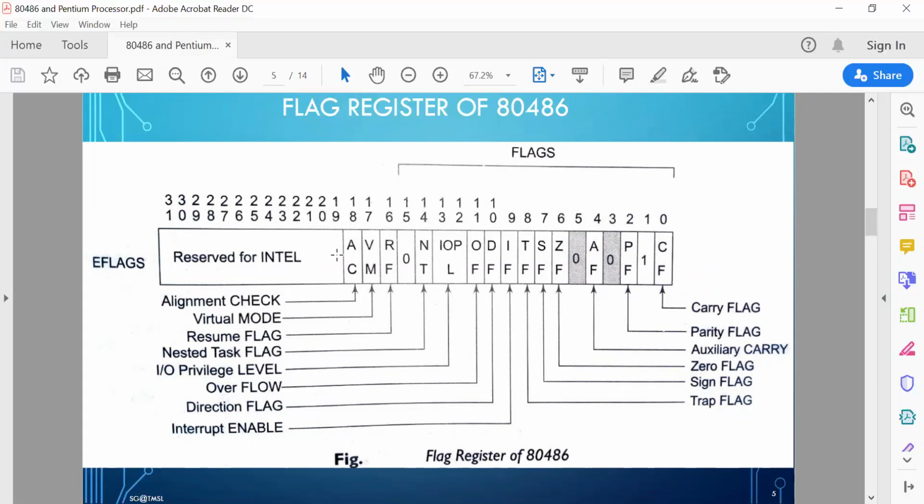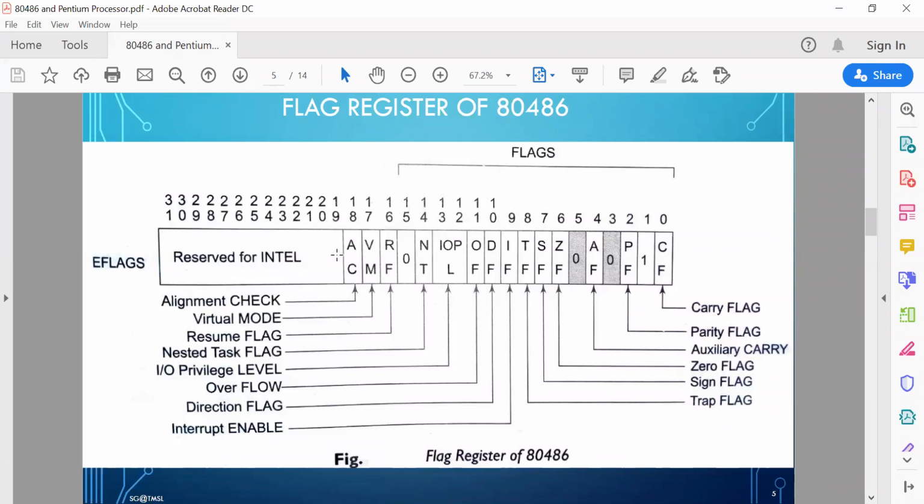The alignment check flag bit is used when there is an access to a misaligned address. For a misaligned address, a fault or exception interrupt is generated.